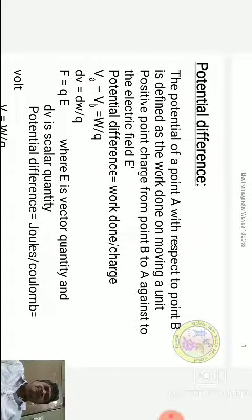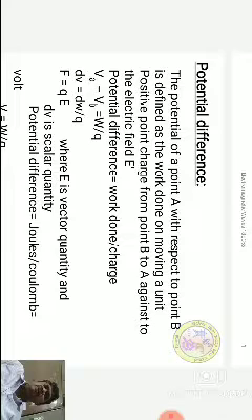The potential difference is defined as the work done on a unit charge for moving it from one point to another point.